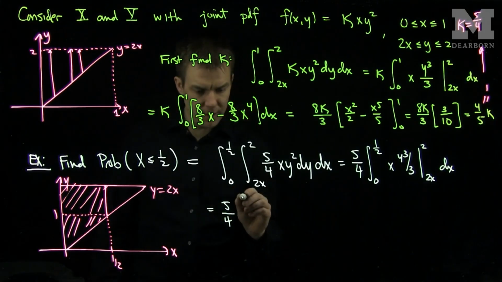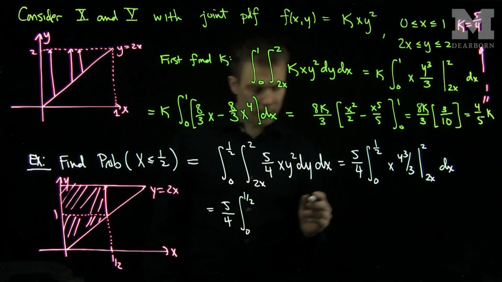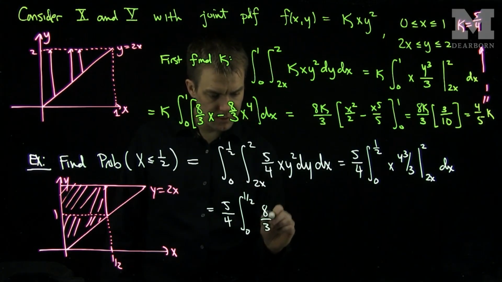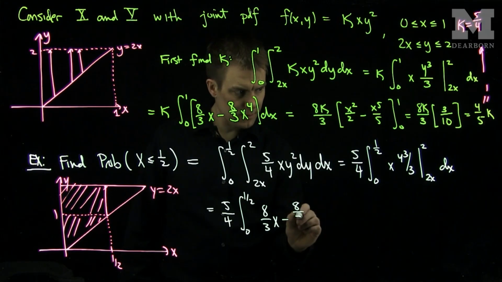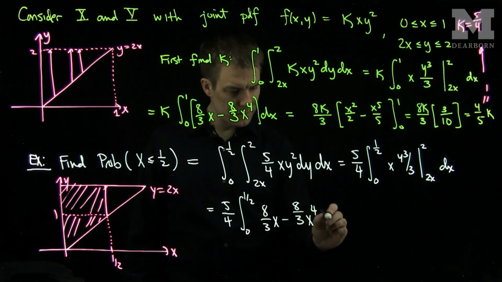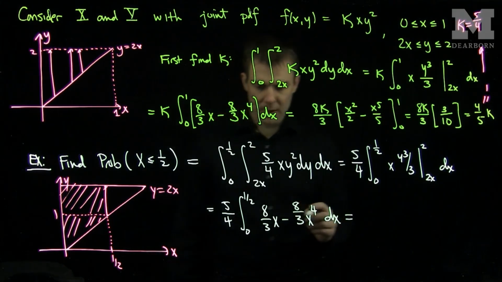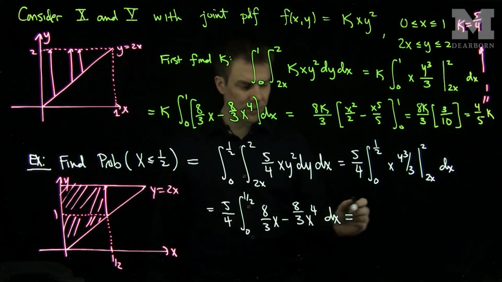And so this will be 5/4 times the integral from 0 to 1/2 of 8/3 x, and again minus 8/3 x to the 4th power, dx. I can pull that 8/3 out, so of course 8 over 4 is going to be a 2, and 2 times 5 gives 10/3.